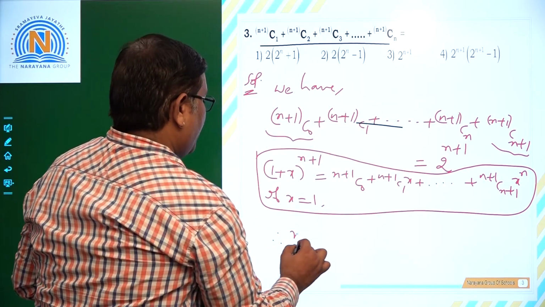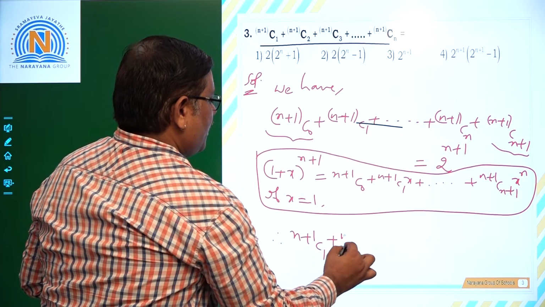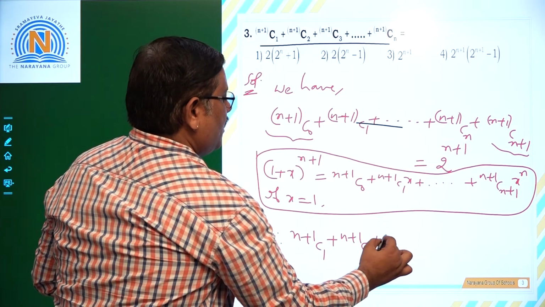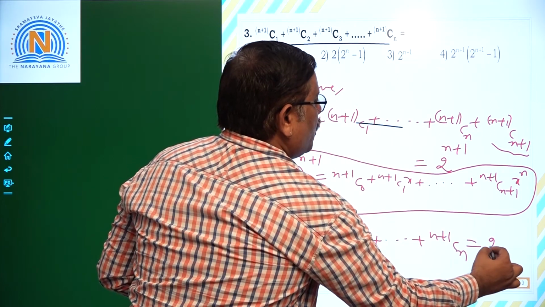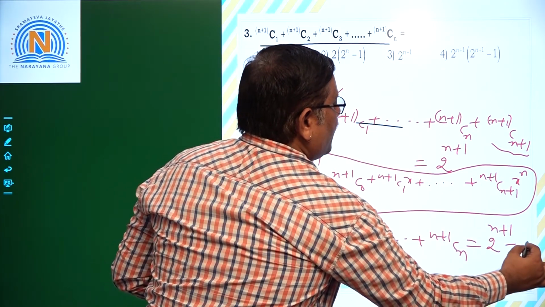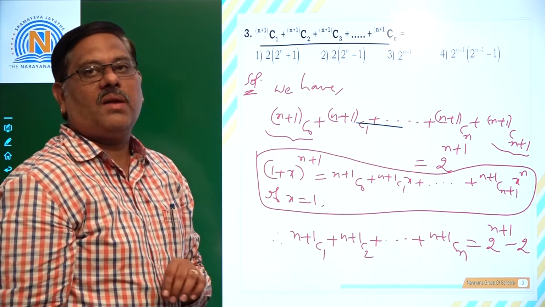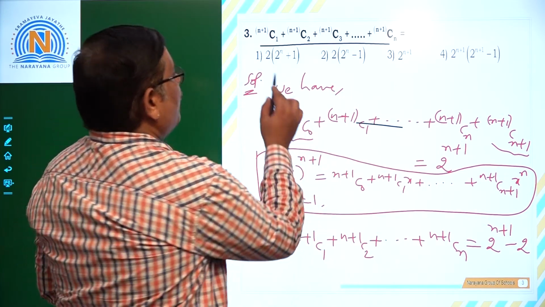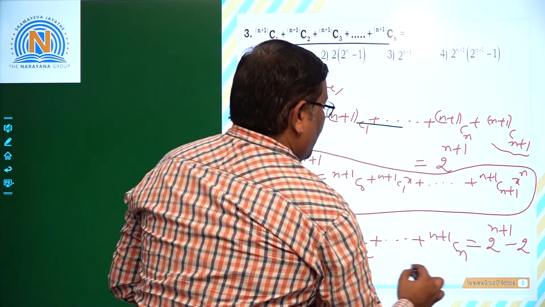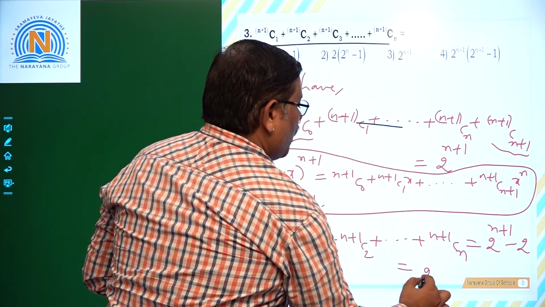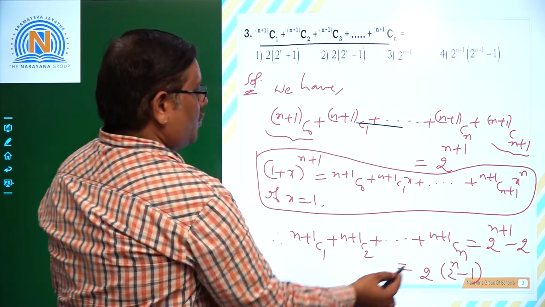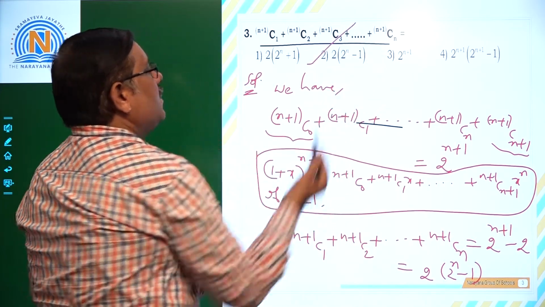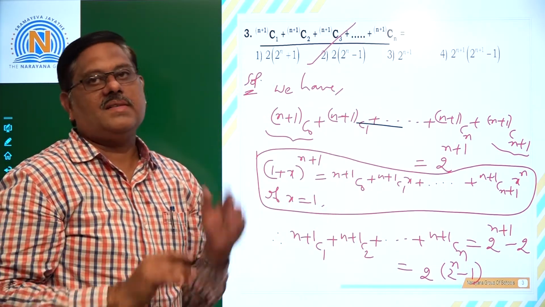Therefore, we can say n plus 1 C1 plus n plus 1 C2 plus and so on plus n plus 1 Cn is going to be 2 to the power of n plus 1 minus 2. But in the options, we don't have it in this form. So let me take 2 common. So we have 2 into (2 to the power of n minus 1), which is nothing but the second option for us. That is the right answer.